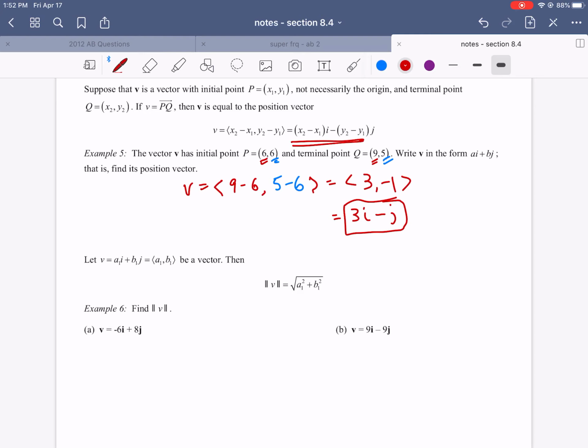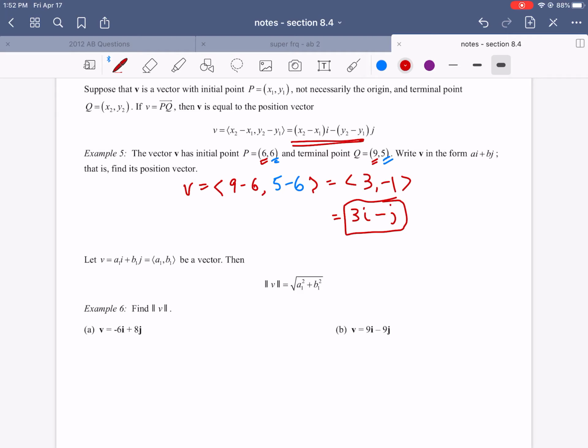Okay, in example 6, we're going to learn how to find the magnitude of a vector if you're given its two components. And this is going to look a lot like finding the radius of a complex number that's in polar form or in complex form. So it's just the square root of a squared plus b squared. So the square root of the first component squared plus the second component squared.